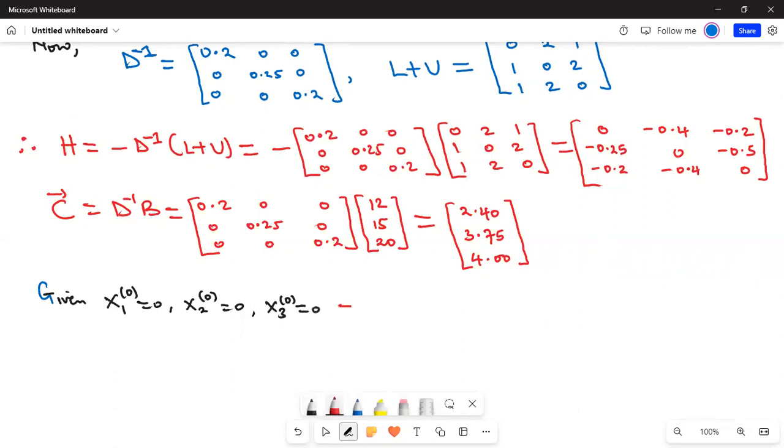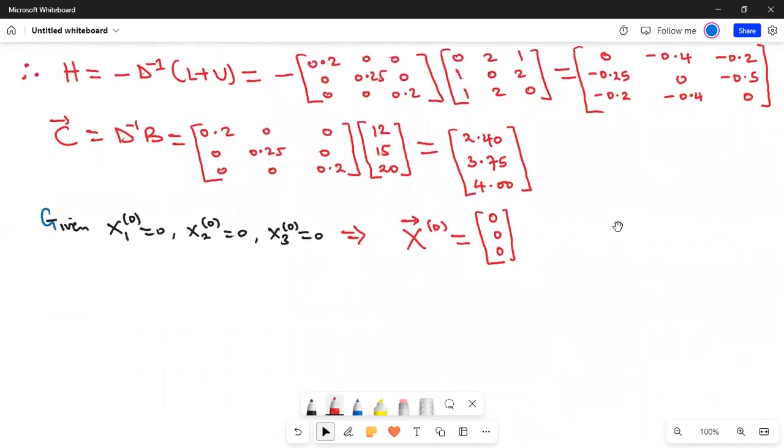This simply means that the vector x at level 0 is simply equal to the 0 vector with 3 elements. So let's perform the first iteration.